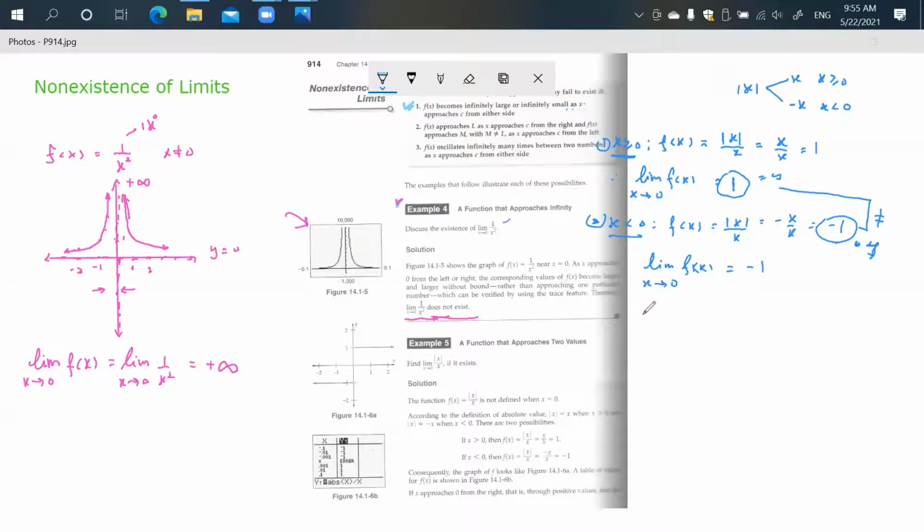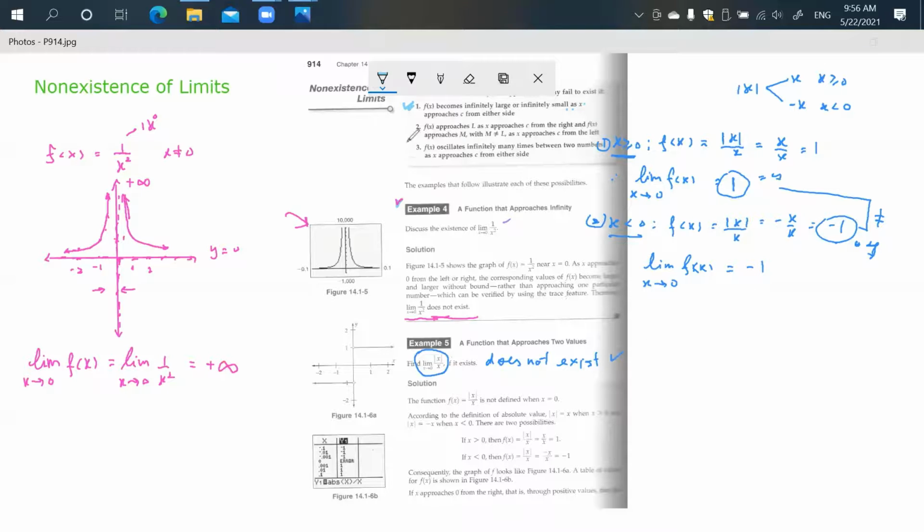So we can say the limit of this function does not exist, because the limit when x approaches 0 from the left does not equal the limit when x approaches 0 from the right. Okay, so it doesn't exist.